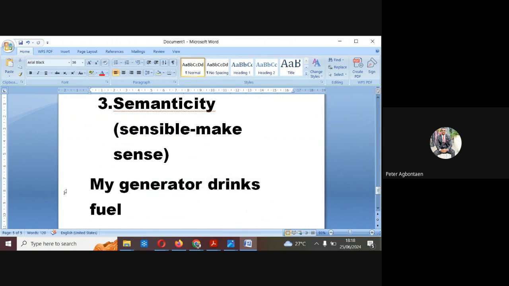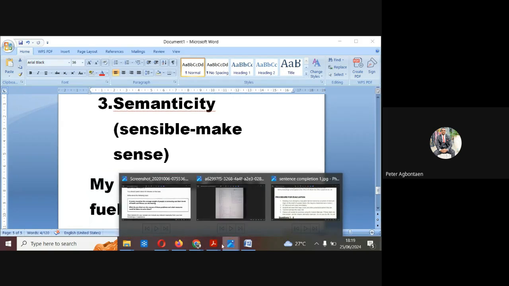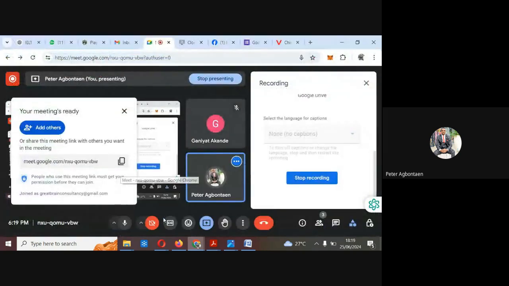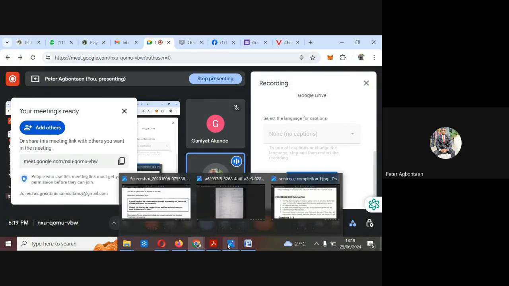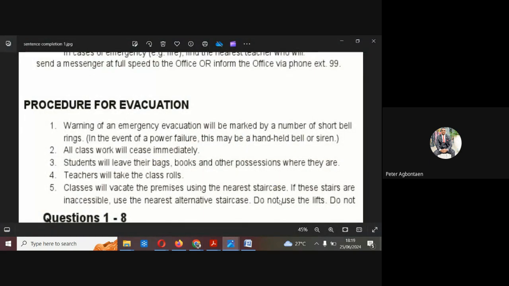So whereas this sentence is grammatically correct, it's semantically wrong. It doesn't make sense. So it means then that before you choose any word or actually settle for any word or words as the answer to a question, ensure that you insert it in the gap in your mind and see that it is grammatically correct in the context of usage. Then and only then can you have the confidence to choose it as the answer.